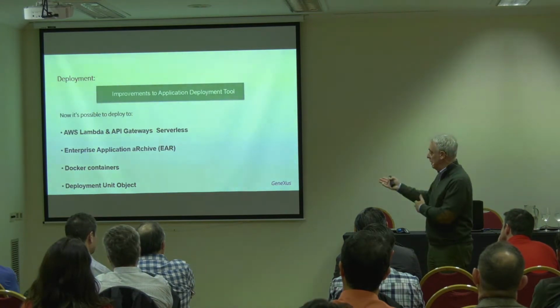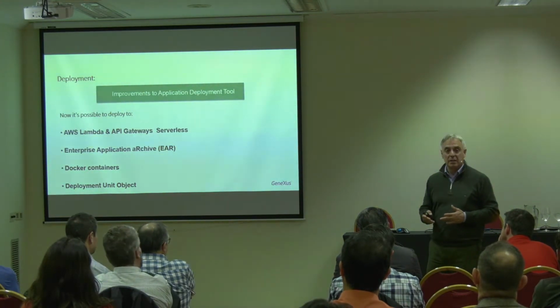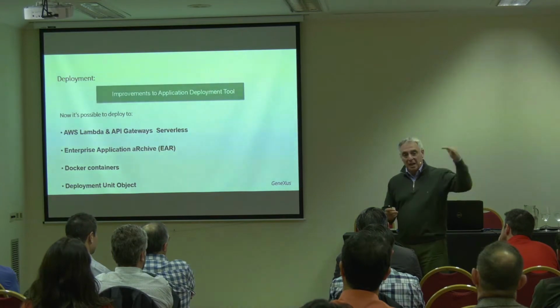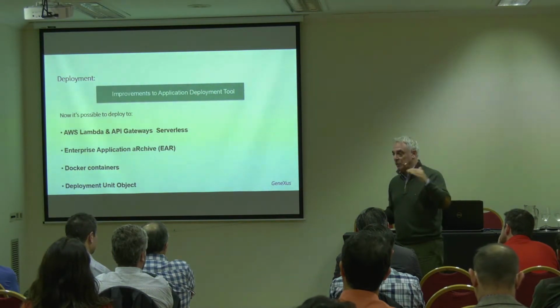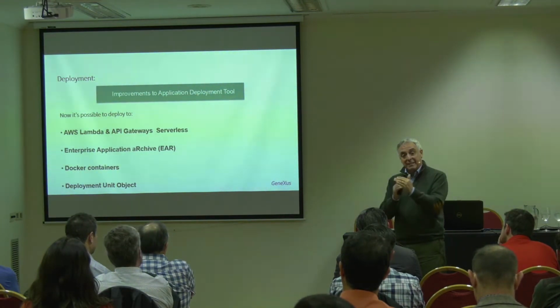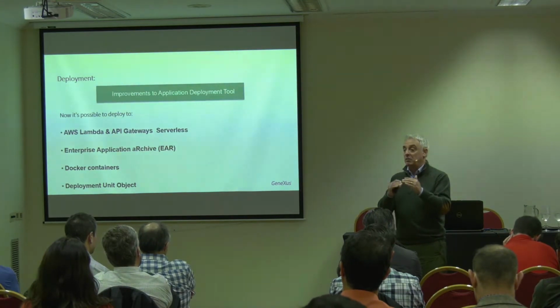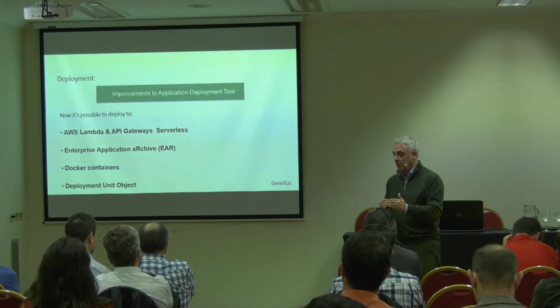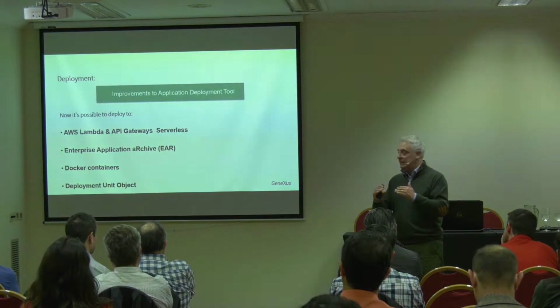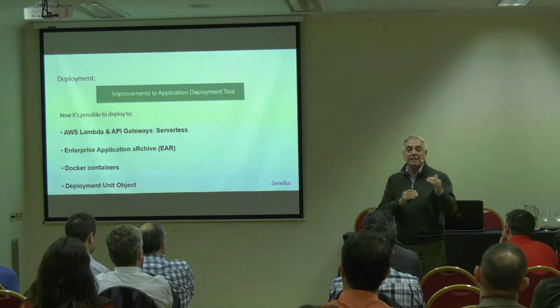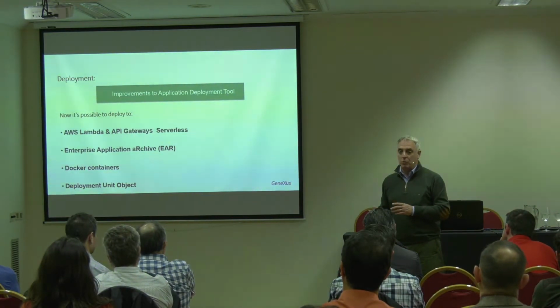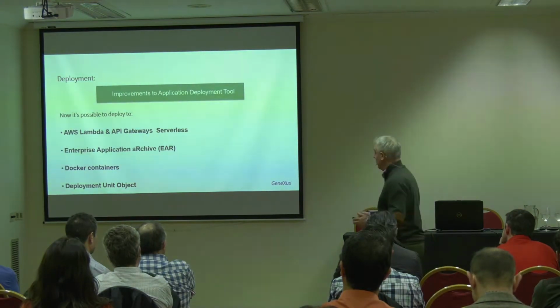Now we've got the deployment unit object, which allows us to drag main objects or whatever objects we want to be included in that particular deployment, and we'll be able to deploy just that. So we'll be able to group in different deployment units the various parts of the app so that we can use them afterwards.